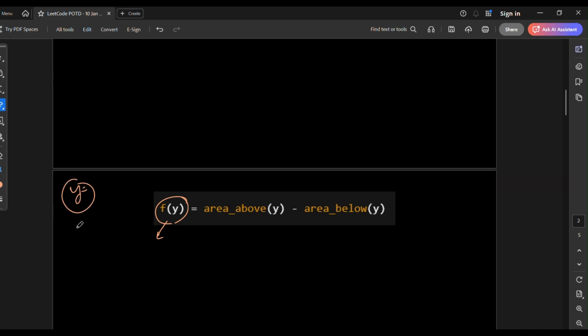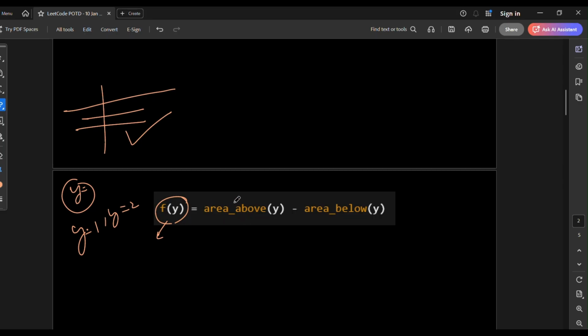Let's say I'm drawing y equals 1, or y equals 2. It generally means that y equals 1 is this line, and y equals 2 is this whole complete line. This is one way of defining a line, and you get these kind of questions a lot when studying math in 11th and 12th.